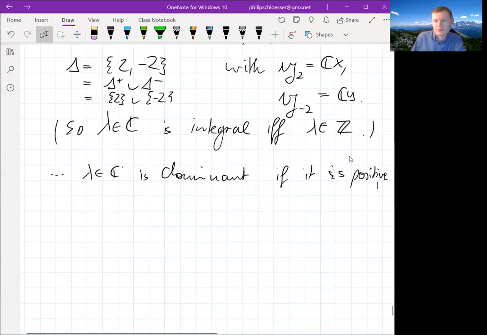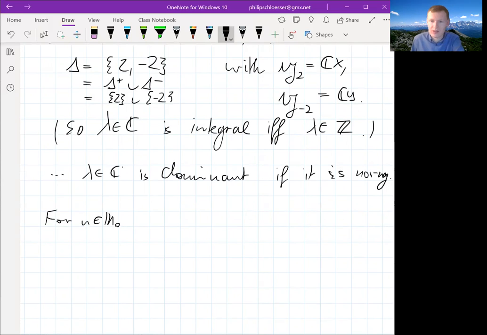And if we now want to find our finite dimensional representations, we have to take a non-negative integer n. So for n in the natural numbers, we call our module Vn.